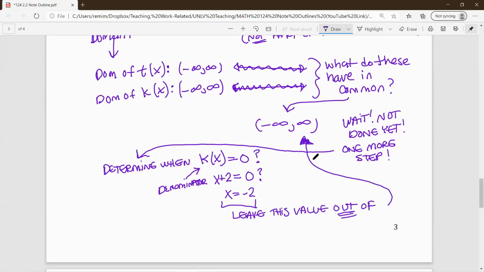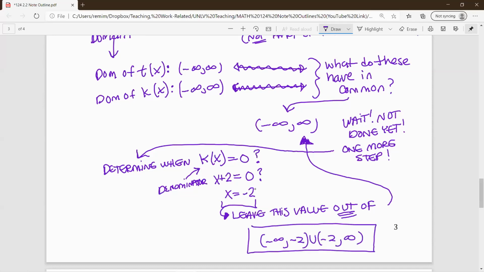We had negative infinity up to infinity before, so we're going to keep that the same, but we have to leave negative 2 out of that interval. So to do that, it's going to look like negative infinity up to negative 2, but skip over negative 2 and then keep going to infinity.